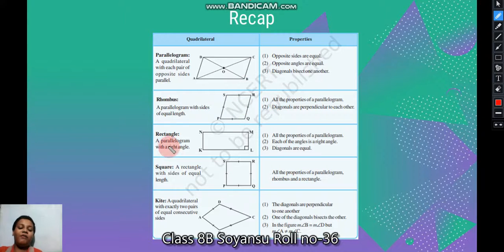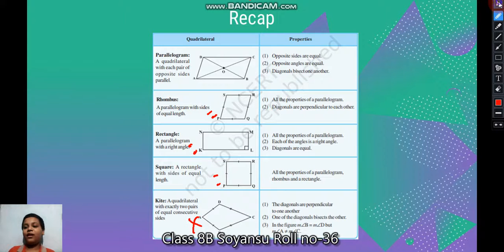Rectangular parallelogram with a right angle, all the properties of parallelogram, each of the angle is a right angle, diagonals are equal. So do you know that rhombus and rectangle are also parallelogram? Okay, square is also parallelogram, but kite is not a parallelogram. Okay, all the squares are rectangle, but all the rectangles are not squares.